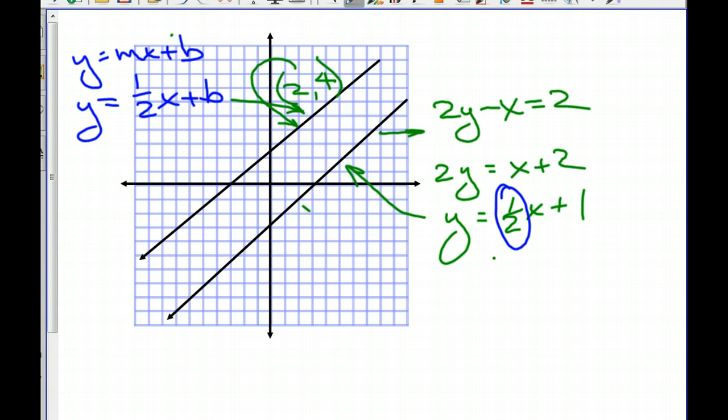What we're interested in finding out is the b. You're always trying to find the slope, you're always trying to find the b. We've got the slope. So now we're going to take our 2 and our 4 and put in for our x and y so that we can find the b.